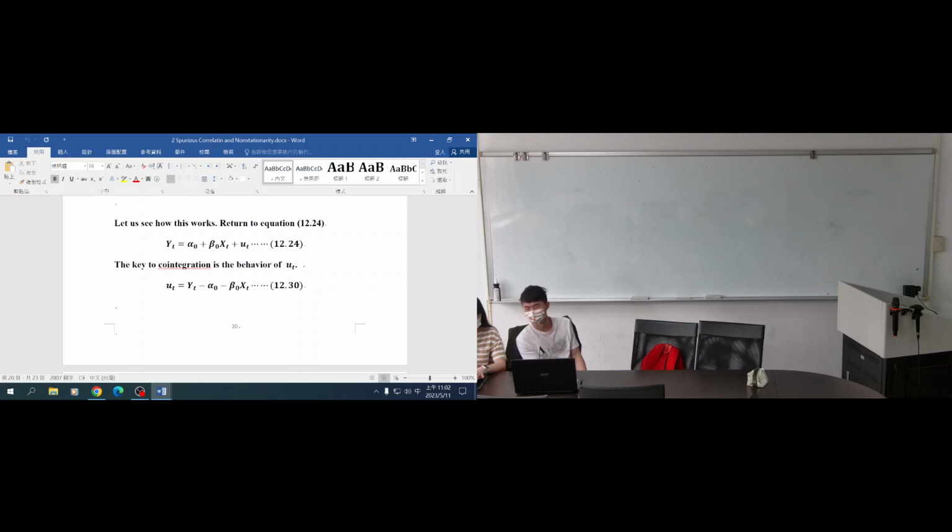So usually we do this in macroeconomics. Say in the long run, there's a relationship between x and y. Then, using that concept, we extend to another model, called the error correction model, ECM.